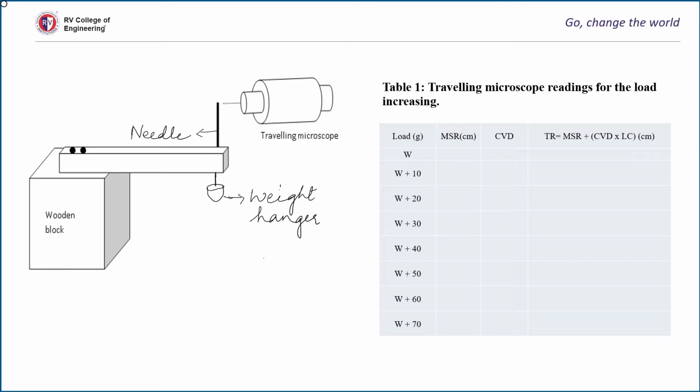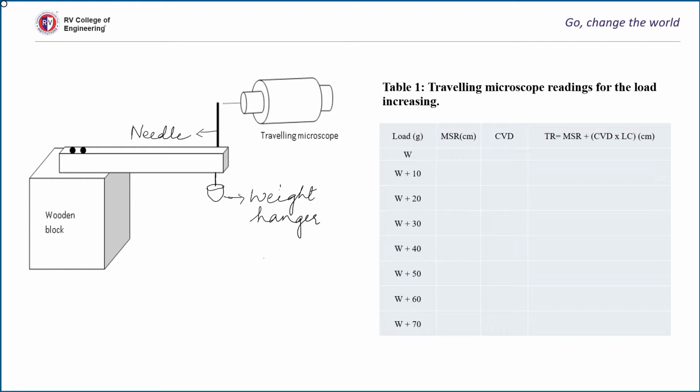Every time we focus the tip of the needle using the traveling microscope, and once we focus, we record the values from the traveling microscope, which is the main scale reading MSR and the coinciding vernier division. First we do it for the empty pan, which is called the dead load.